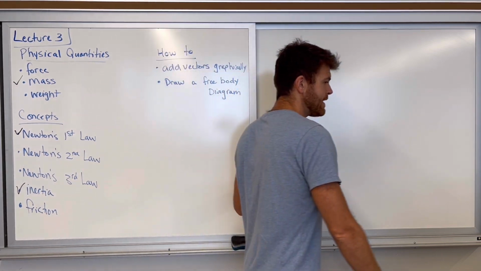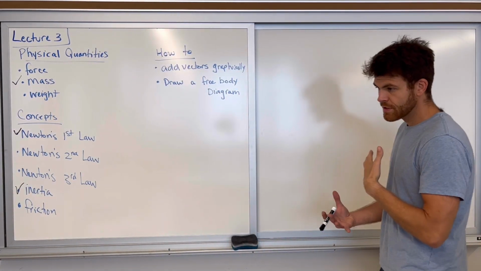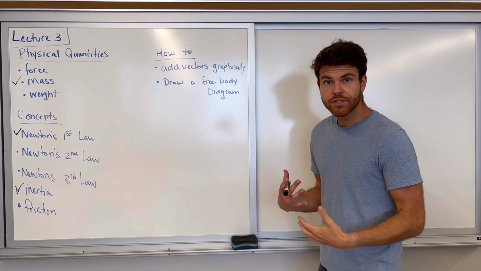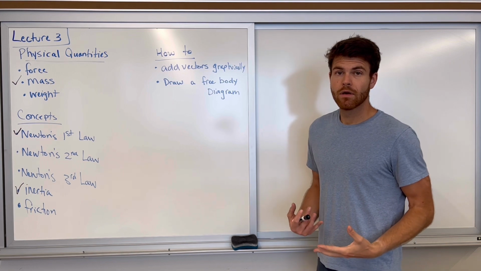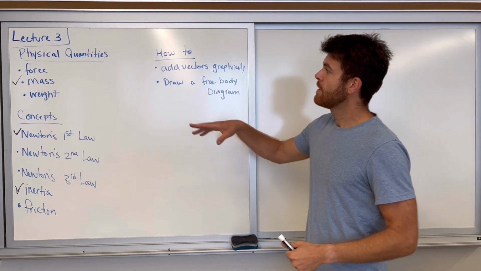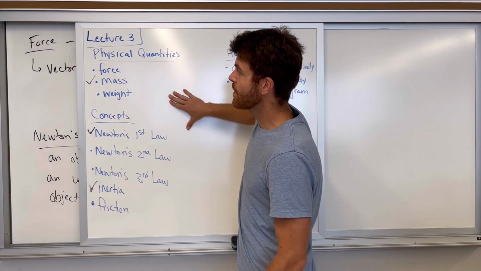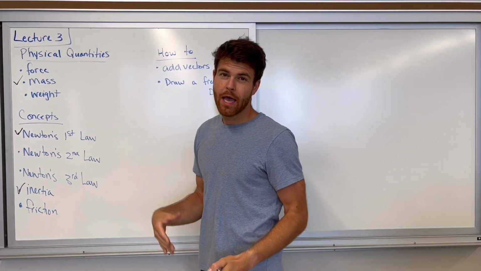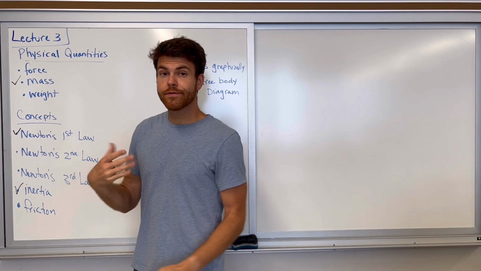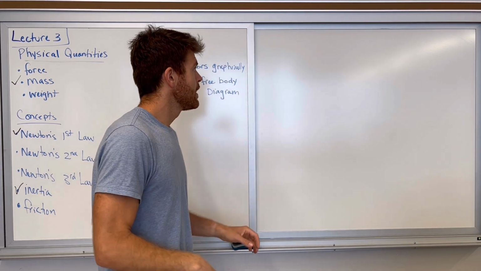And so how we get an idea of how forces can balance each other out or be unbalanced is we have to add them together. Because force is a vector quantity, we need to know how to add vectors together, at least conceptually for now.